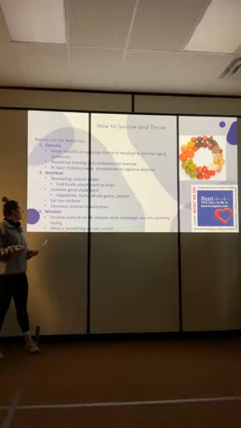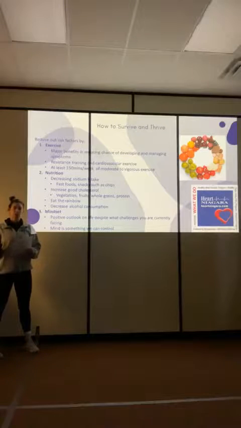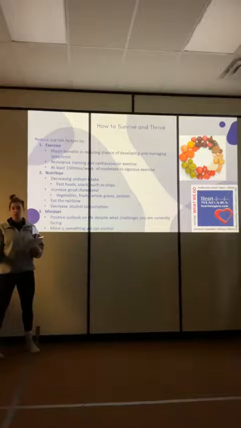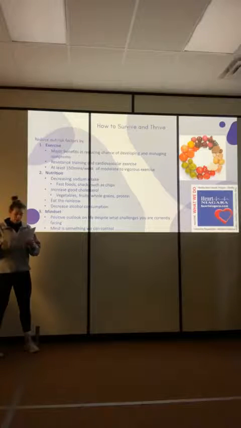And then eat the rainbow. If you've ever heard the term of eating lots of colorful fruits or vegetables, color signifies a bunch of different nutrients that can help to fight a variety of chronic conditions. I'm actually going to list a bunch of different ones. Anything that's red you want to associate with your heart.